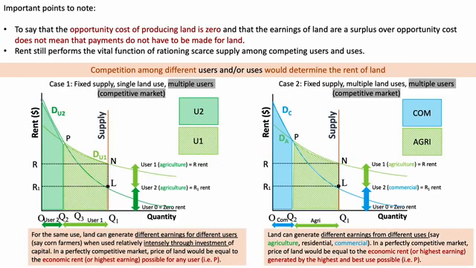Like for example, in this case, we were assuming the only use to be agriculture. So while there are different users, the use type is the same, so there is no flexibility. All land has to be used for agriculture. But here we are talking about 2 different use types and having the flexibility and opportunity to change the supply or quantity of land supplied for different uses.